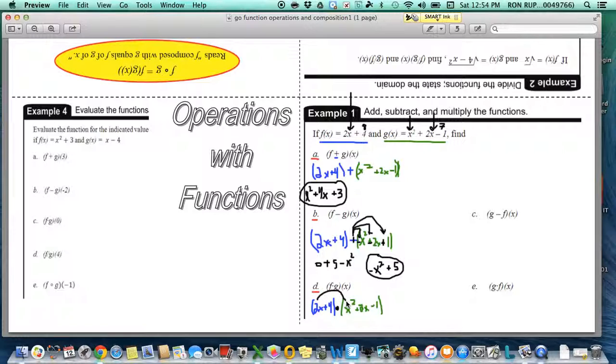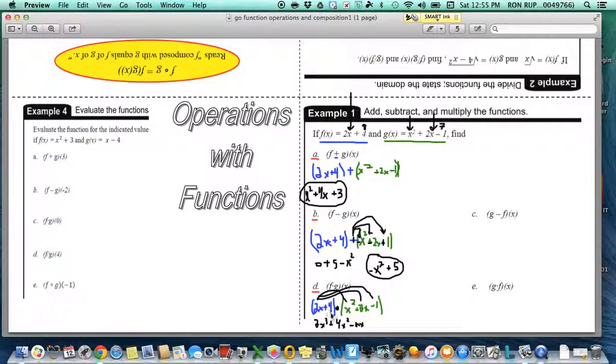So 2x times x squared is 2x cubed. 2x times 2x is plus 4x squared. And 2x times negative 1 is negative 2x.